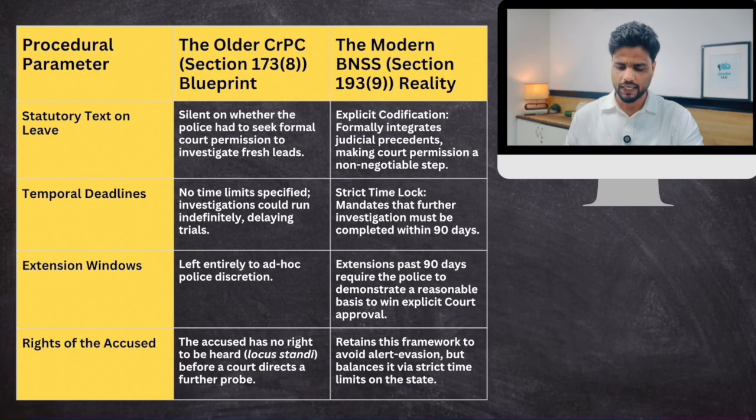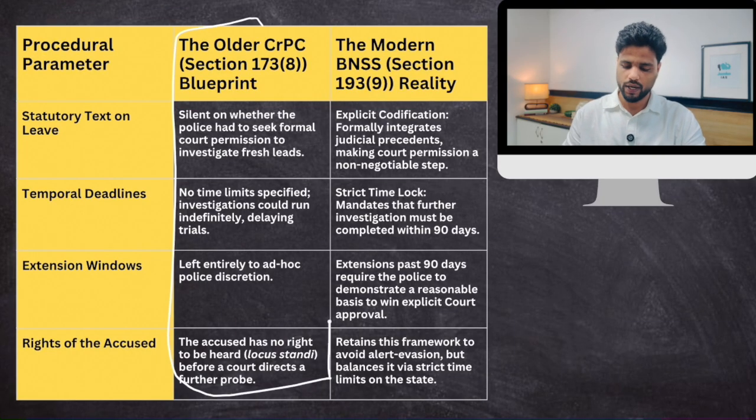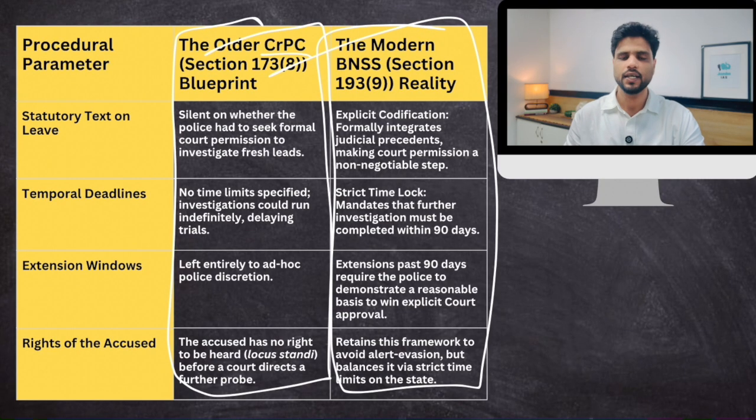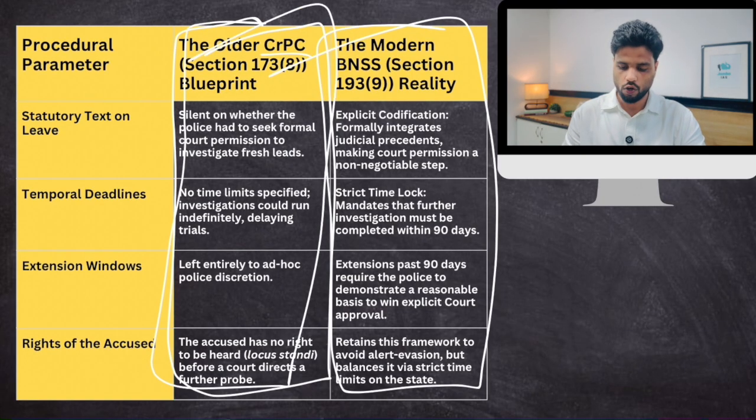Now, this is what the older criminal law, CrPC, was, and what the new BNSS says. BNSS has basically plugged those loopholes in the previous law. In fact, in BNSS, if you need to conduct further investigation, there is a 90-day limit only, a strict time limit.